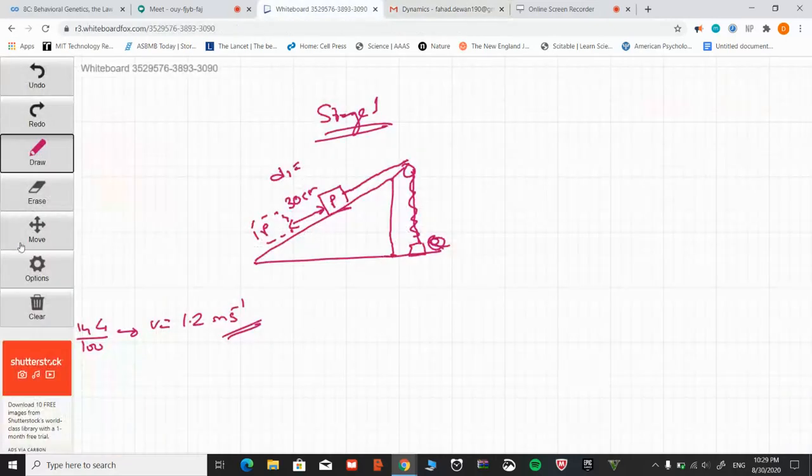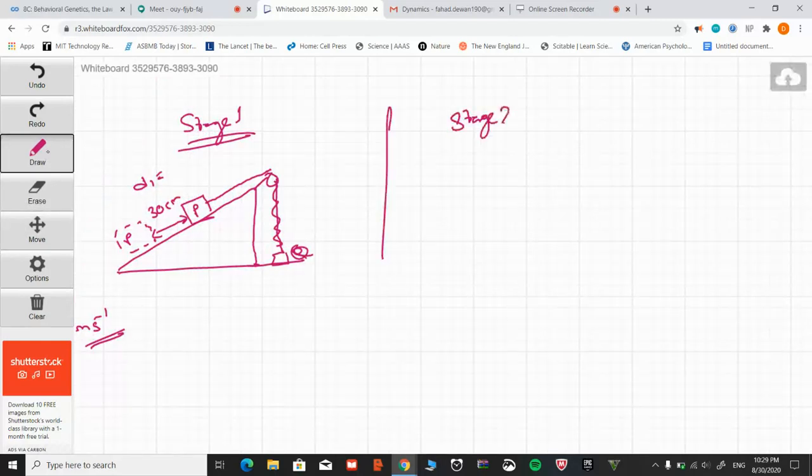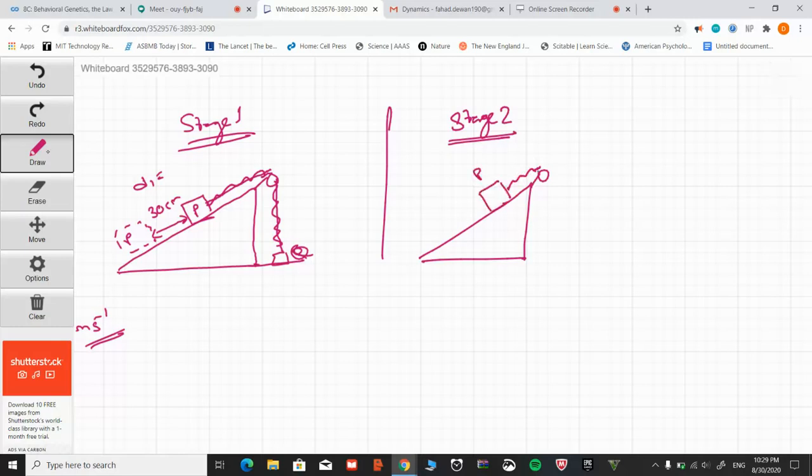Now the next half is stage 2. Let's call that stage 2. And in stage 2, what happens is there is no tension, but particle P still keeps on moving. Oh, by the way, this tension is gone at this point. It's gone. But particle P will move some more distance.